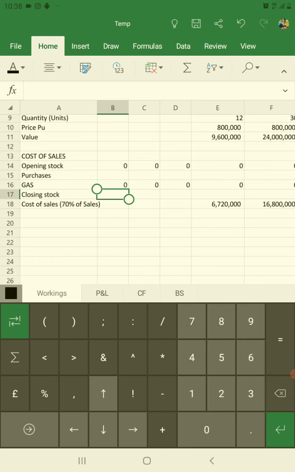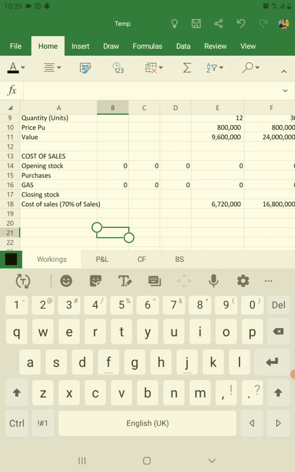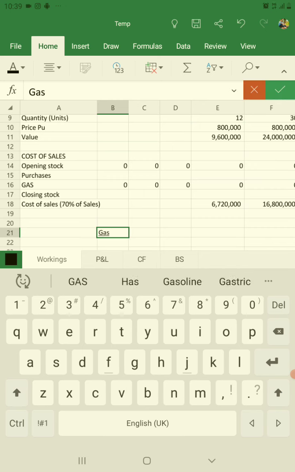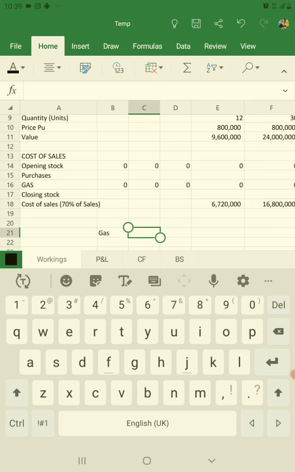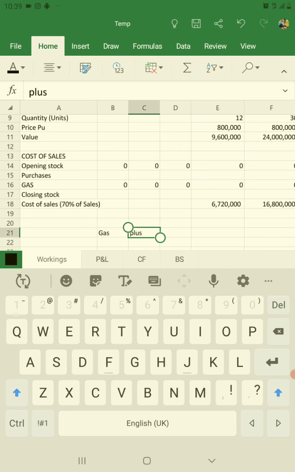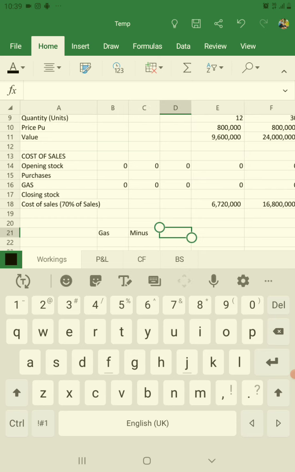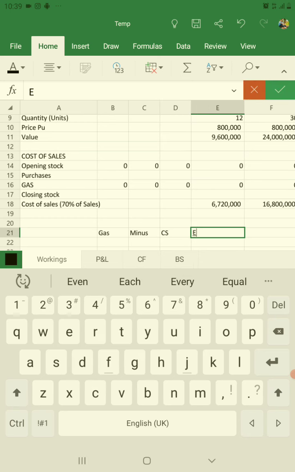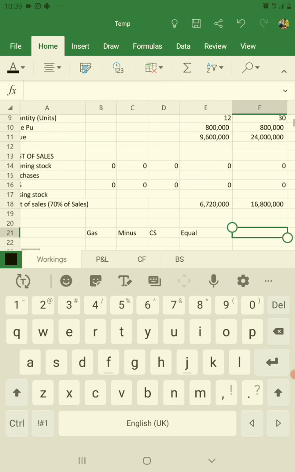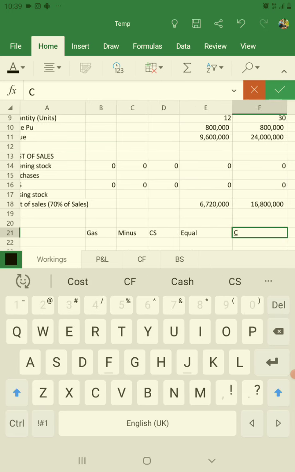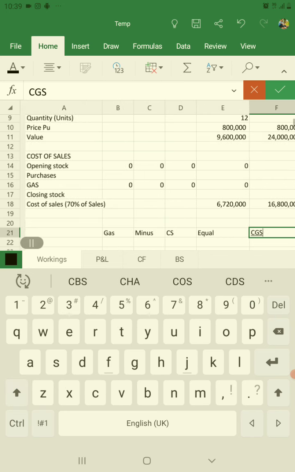Let me give an example here, saying GAS, goods available for sales, minus closing stock equal to cost of sales, cost of goods sold, okay?